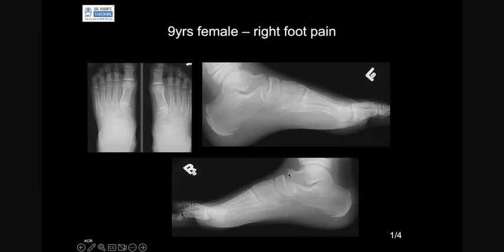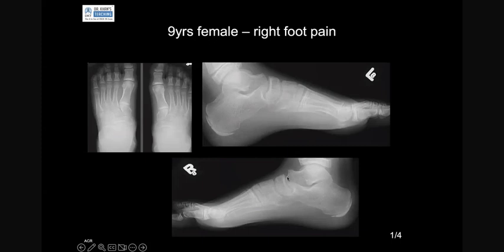This is the key finding which you have to pick up. This is because of mechanical strain. When the coalition is around this, there is abnormal motion at this joint, and this is a sort of degenerative change, like an osteophyte. So you have to pick this up. We call it talar beaking.